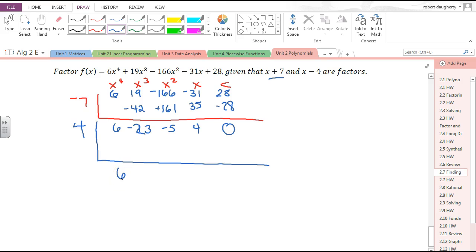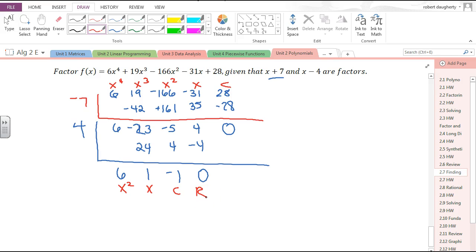What's 6 times 4? 24. 24 minus 23 is 1. What is 1 times 4? That is 4. What's 1 times negative 4? Okay, and I'm done. Now, this is my x cubed term. This is my what? X squared, x, constant, and my remainder.